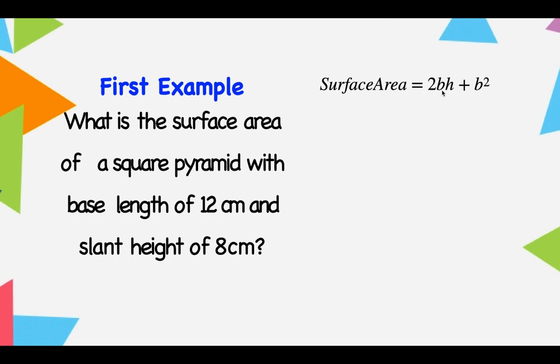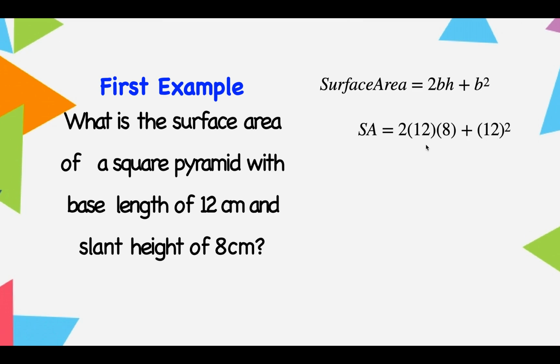Next step is to substitute the given base and height into our formula. So the surface area is equal to 2 times 12, which is the base, and then 8 for the height, plus again 12 for the base, and then squared.